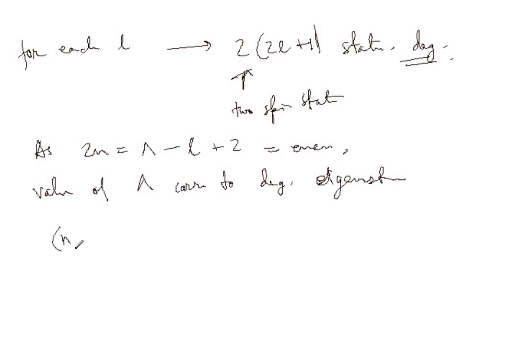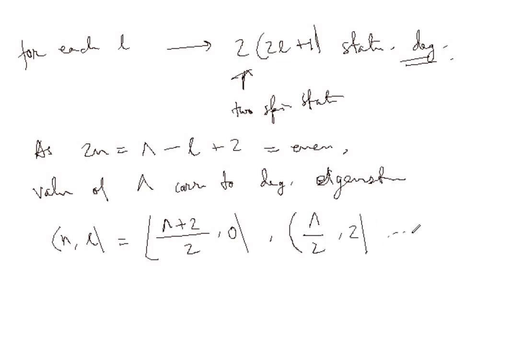Having the values n l equal to lambda plus 2 divided by 2, 0, next 2, then lambda minus 2, 1, and so on.